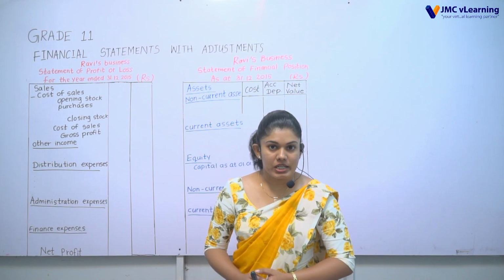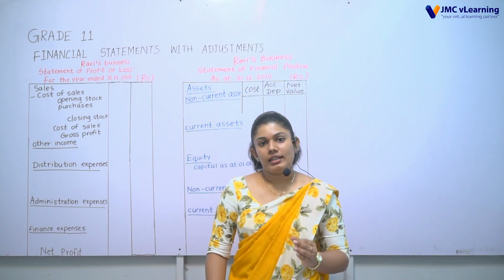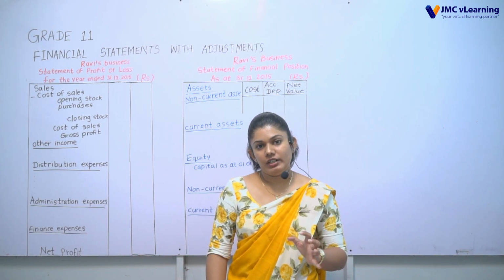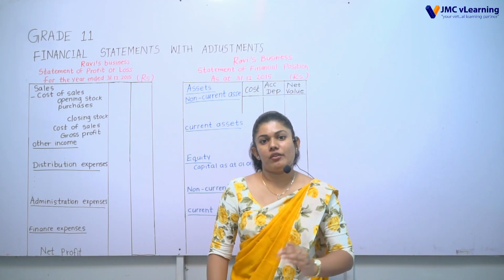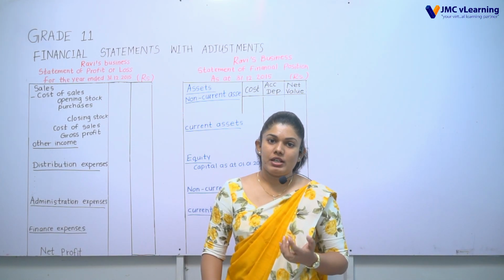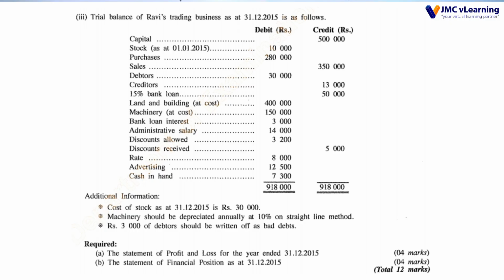Let's take our past paper. You have to pay attention to the additional information as well. They have given a trial balance, a list of balances, as well as some additional information. So let's go through this sum. Trial balance of Ravi's trading business as at 31st December 2015 is as follows.